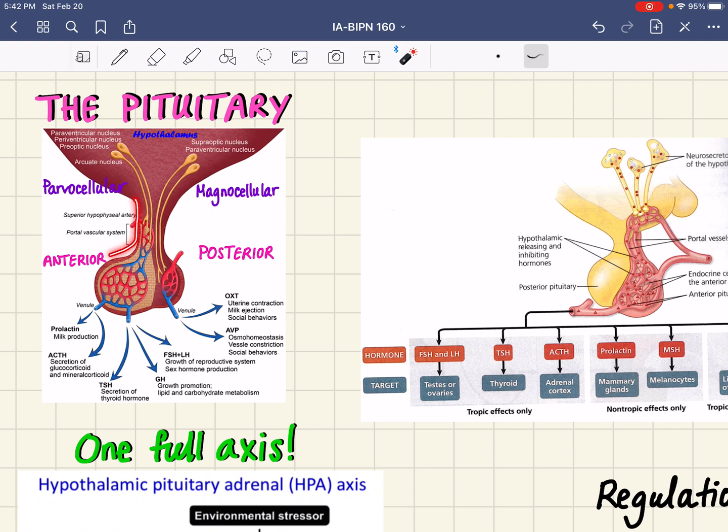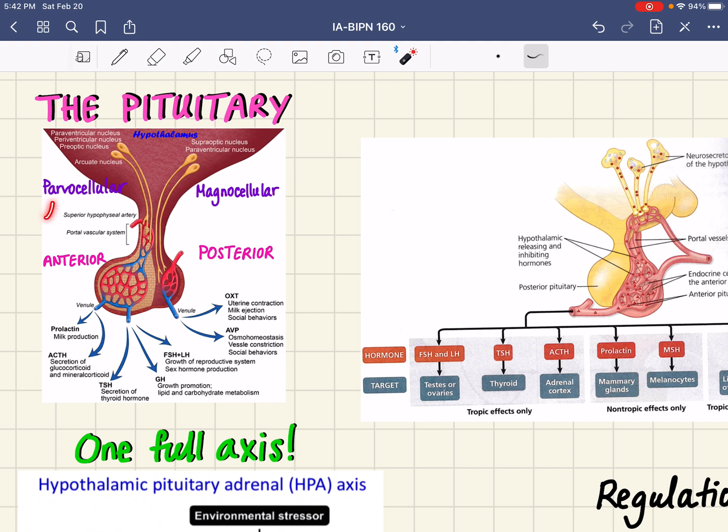This is the whole pituitary gland, and we have an anterior portion or chamber, and then we have the posterior pituitary. They differ in the types of cells that they have and the way they are structured.